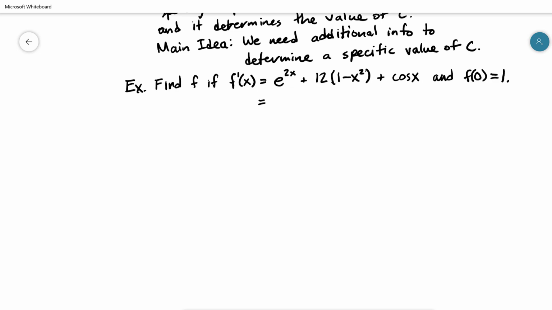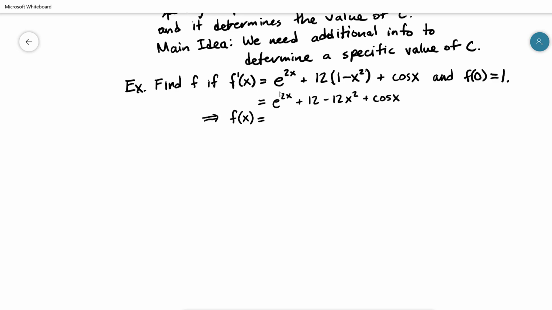This one I should distribute, so I've got an e to the 2x plus 12 minus 12x squared, just distributing that 12 through, plus cosine of x, and that's the function that we're trying to take the antiderivative of. So that's going to imply that the antiderivative, f of x, is, so let's think about this one.